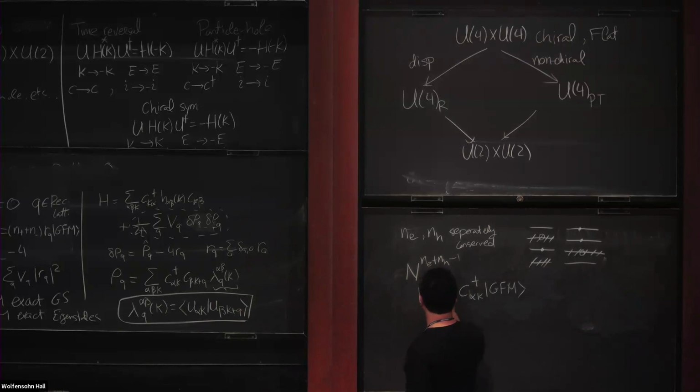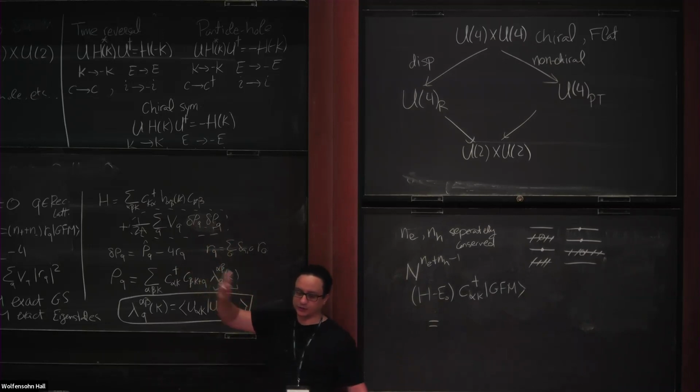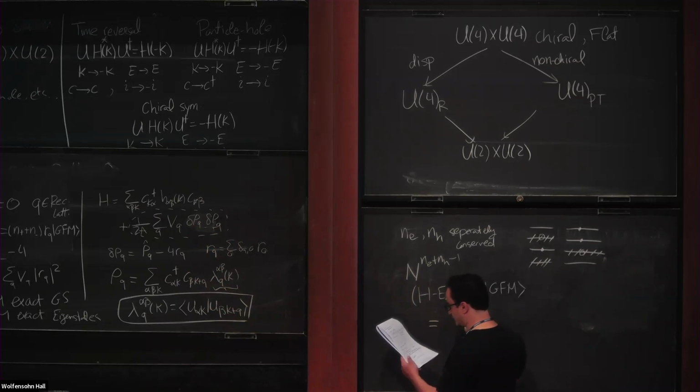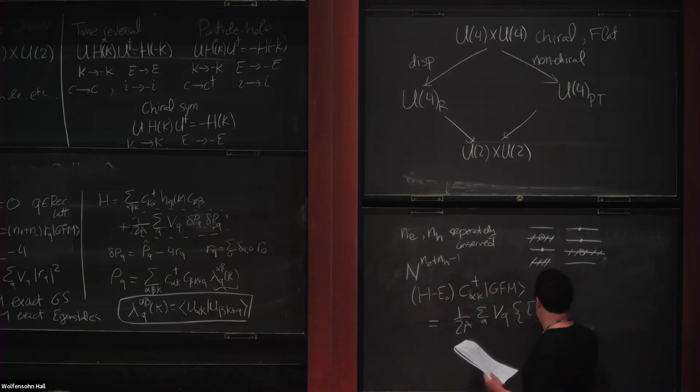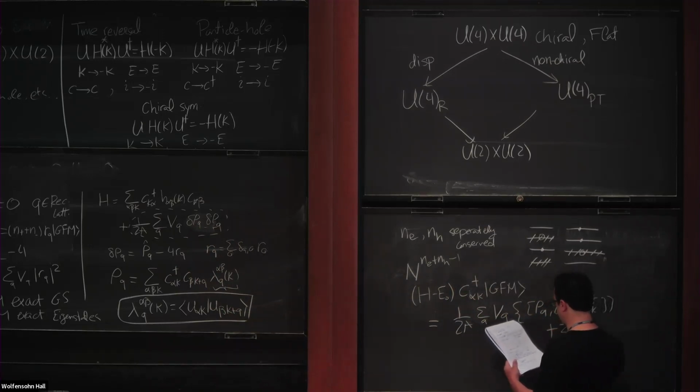I can explicitly compute its energy relative to the ground state by a simple trick: I act with this operator and try to commute these density operators through to act on the ferromagnet, and what I get looks like this. This is sometimes referred to in the literature as a double commutator trick, which is just simply moving these commutators through.